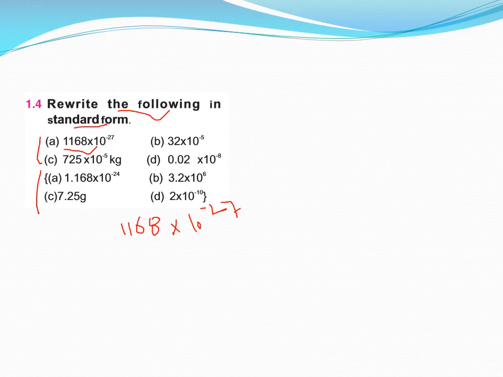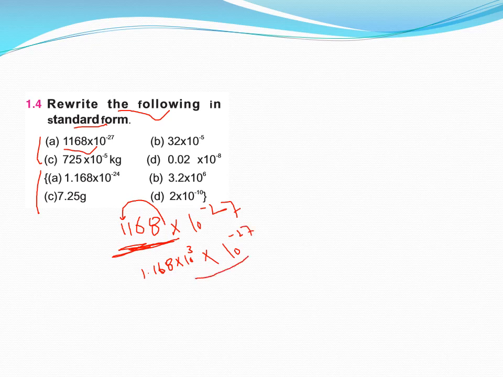And now where does the point lie here? At the end. So take it to after the first non-zero value. How many steps have we jumped towards the left? 3. So we can write it as 1.168 times 10 to the power plus 3, and 10 to the power -27 is already there.